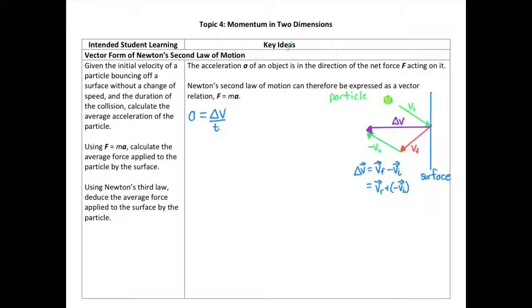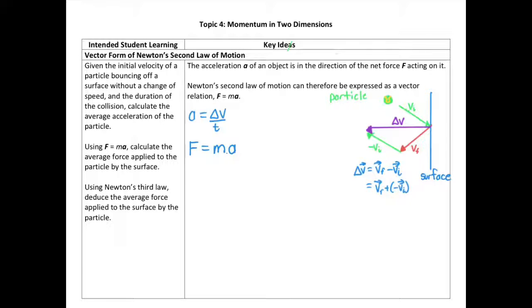So now that we know the change in velocity of the particle, or the ball hitting the wall, we can work out the acceleration using this formula here. Then, if we know the acceleration, we can use Newton's second law to work out the force that was applied.